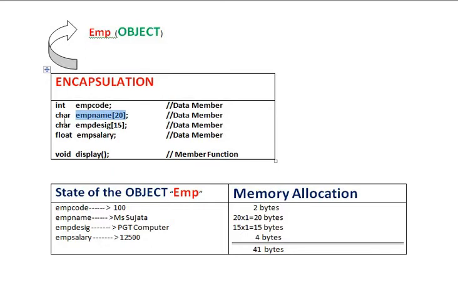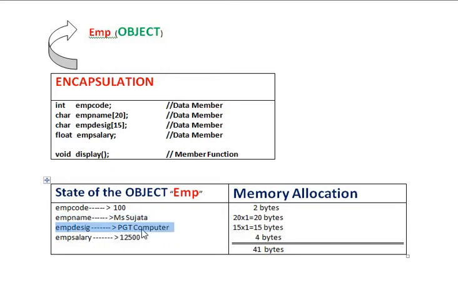It requires 1 byte of storage, and since the size is 20, we calculate it as 20 into 1, where this 1 byte is for this char data type. As a result, 20 into 1 equals 20 bytes. So this data member emp name is going to take 20 bytes of memory storage for assigning the value Ms Sujata into it.